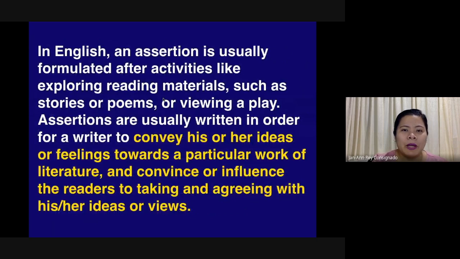In English, an assertion is usually formulated after activities like exploring reading materials such as stories, poems, or viewing a play. Assertions are usually written in order for a writer to convey his or her ideas or feelings towards a particular work of literature and convince or influence the readers to take and agree with his or her ideas or views.